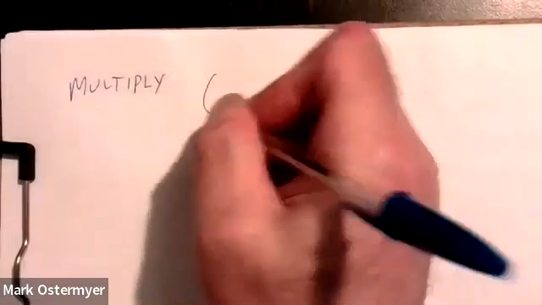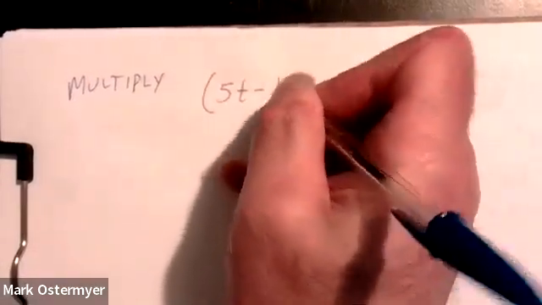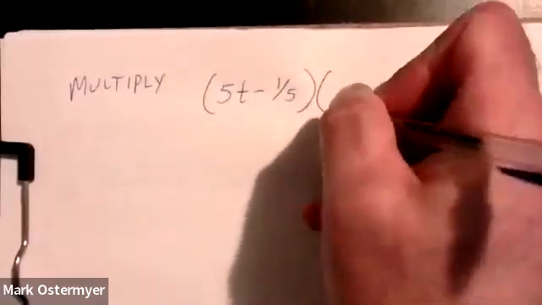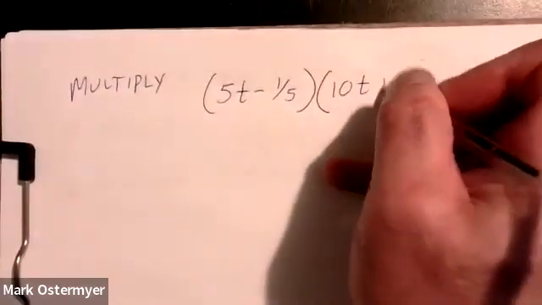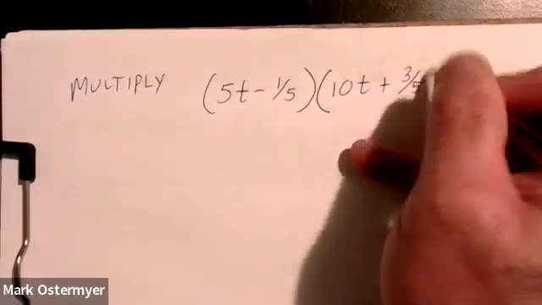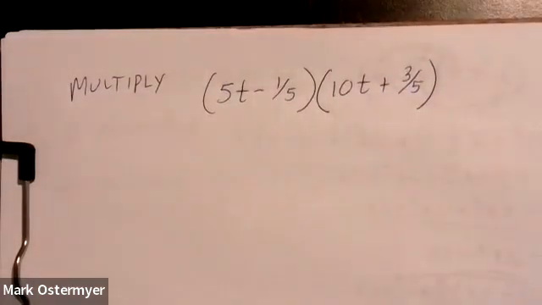Suppose that I have a couple of binomials here. I've got 5t minus 1/5, and that's to be multiplied by 10t plus 3/5. Just because we have fractions or decimals from time to time doesn't mean we change the way we proceed. Nothing changes. We still follow the FOIL algorithm.